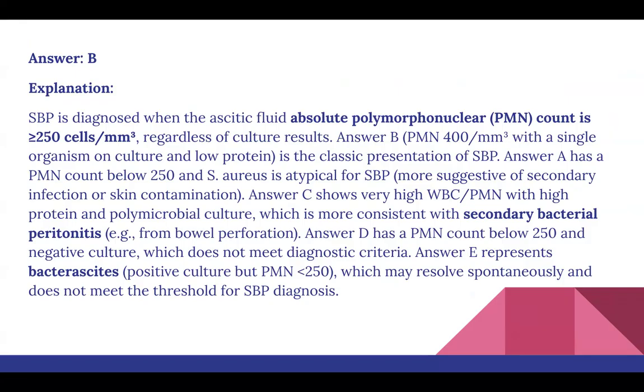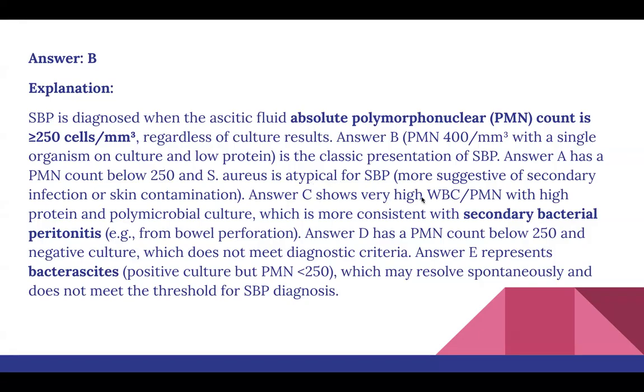We talked about that earlier. Answer B has a PMN greater than 400 with a single organism on culture and low protein. Answer A has a PMN below 250 with a Staph aureus, which is atypical for SBP.